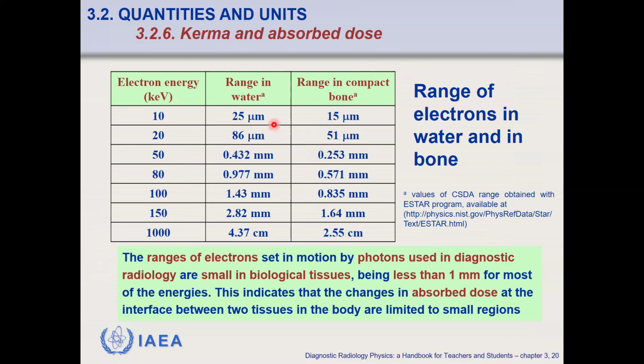All the numbers here are smaller than 1 millimeter. We are talking about 25 micrometer or 15 micrometer, 51 micrometer, 0.2 millimeter, 0.5 millimeter, 0.8 millimeter. This indicates that the changes in absorbed dose at the interface between two tissues in the body are limited to small regions.